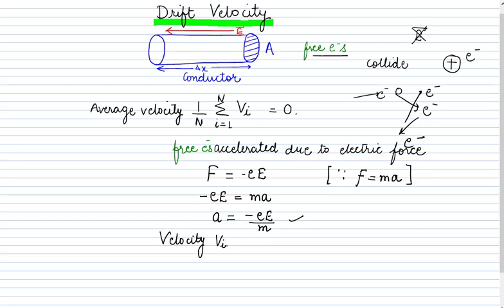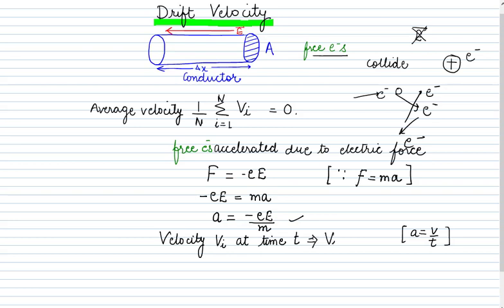The velocity we have taken for an electron is Vi, where i corresponds to any of the electrons, from 1 to n. So the velocity at time t will be, since acceleration is velocity upon time, if you want to calculate the velocity, you simply multiply the acceleration with time.